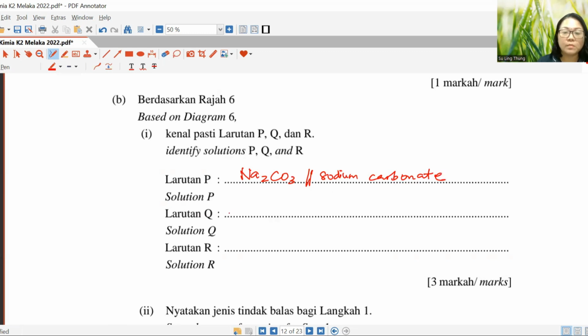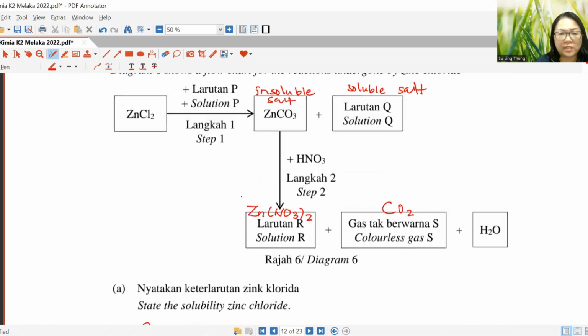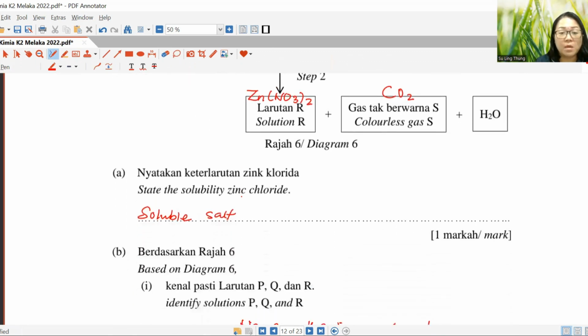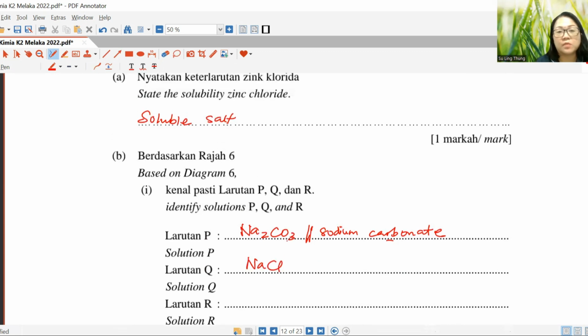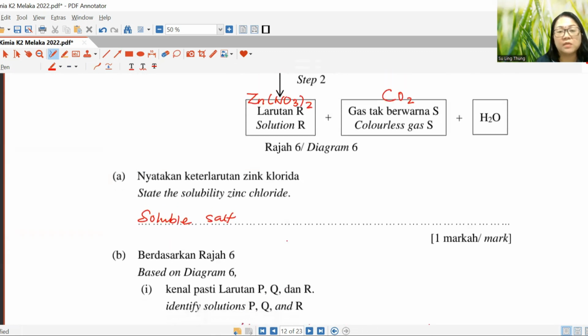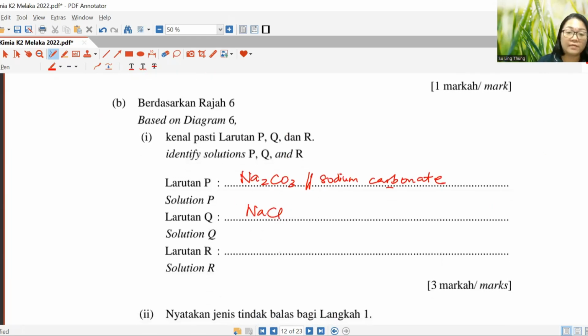For Q, you know that Na2CO3 sodium carbonate has already reacted with zinc chloride, so you will get zinc carbonate and sodium chloride, NaCl. Whereas for solution R, we have already mentioned just now, which is zinc nitrate.